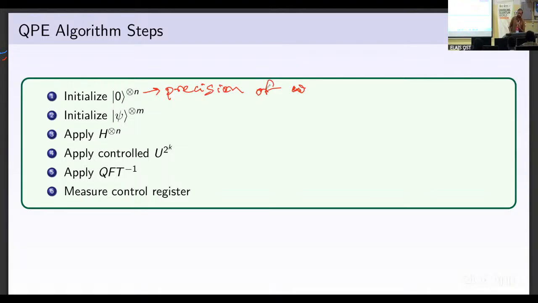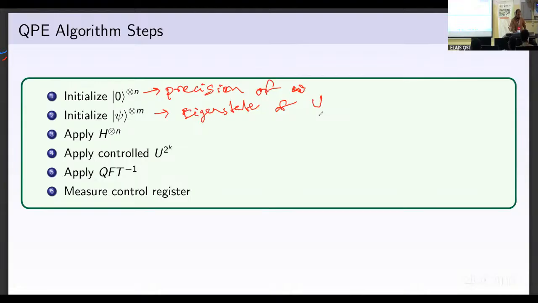So the more precise we want the eigenvalue to be from the quantum phase estimation, the higher we make the value of n. Next is the eigenstate of the operator that we have to initialize. So this is the eigenstate of operator U, whose eigenvalues we want to find.